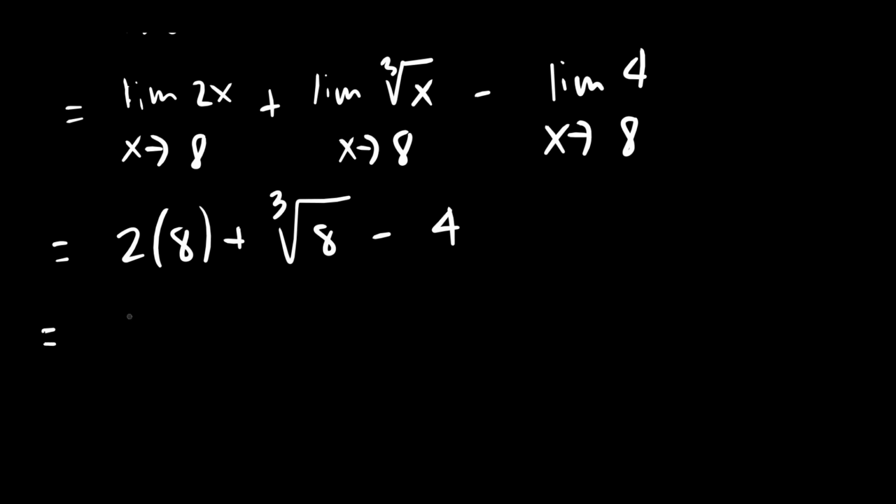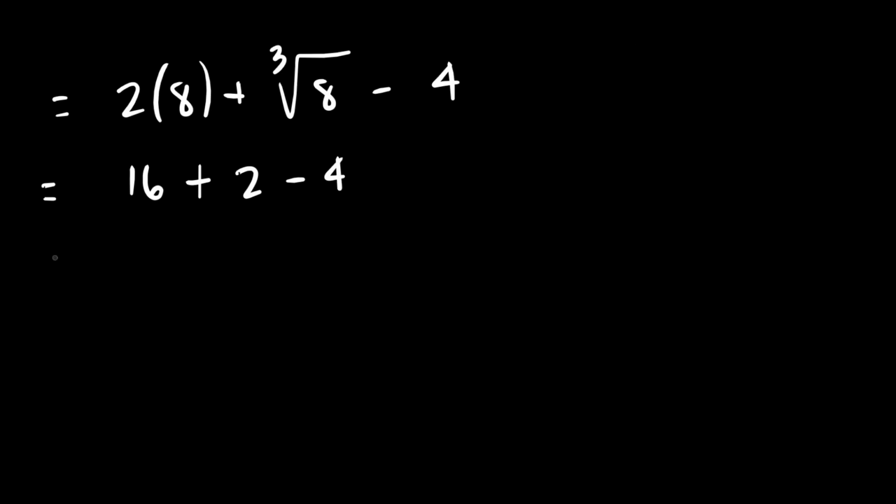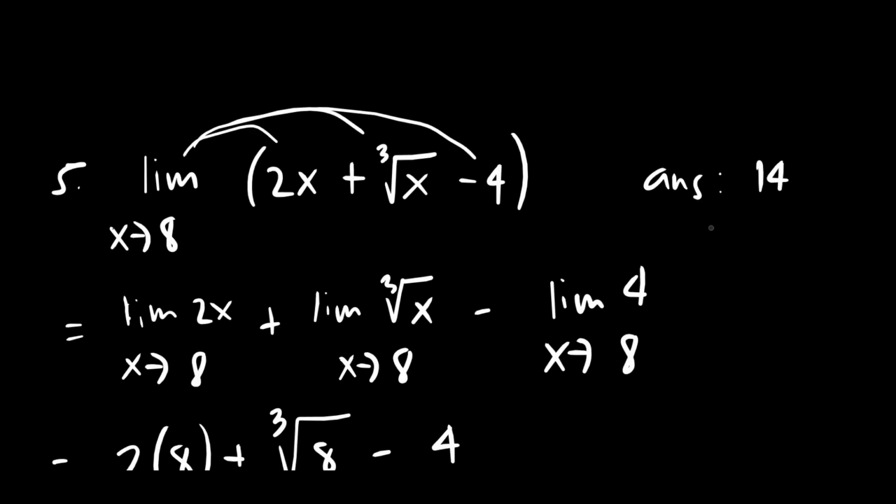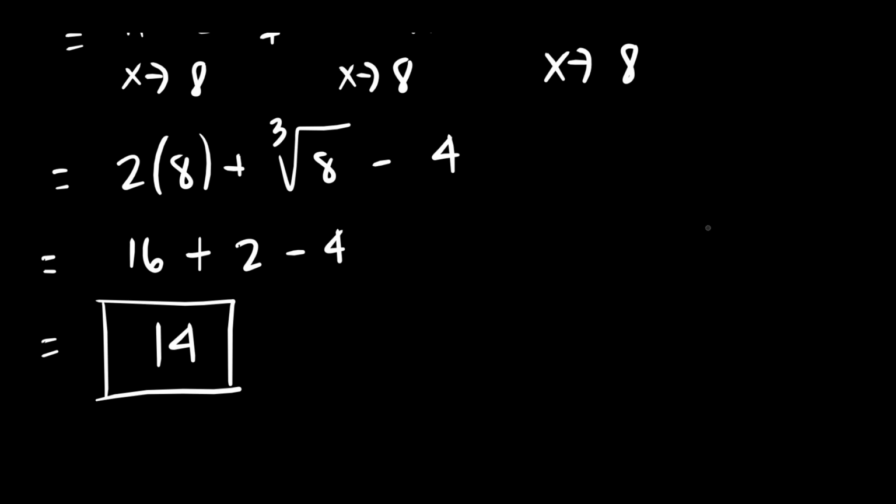So we'll simplify. 2 times 8 is just equal to 16, plus, what is the cube root of 8? It is just equal to 2, right? Then minus 4. So 16 plus 2 is just equal to 18, minus 4 is just equal to 14. So 14 is our final answer. So let's check if our answer is correct. So the answer is 14. So our answer here is correct.